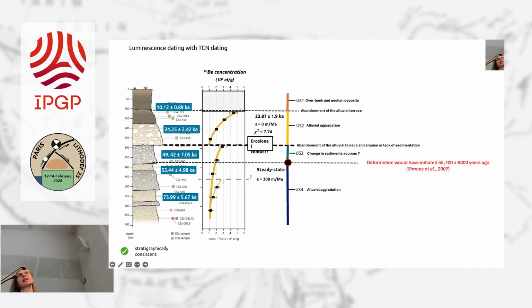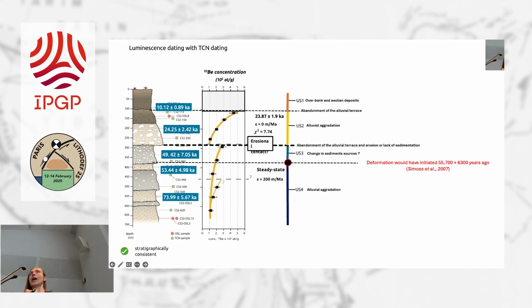So now what is interesting is that, going through this section, I can see many different units and some changes in the sediment provenance. And something is changing right there, at this age, if I look at the OSL dating.